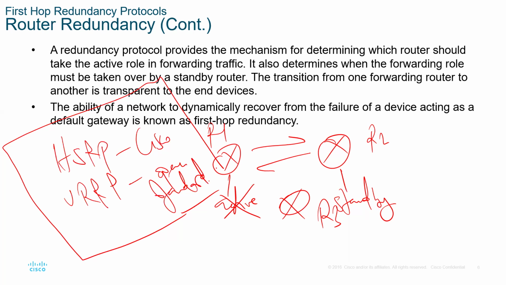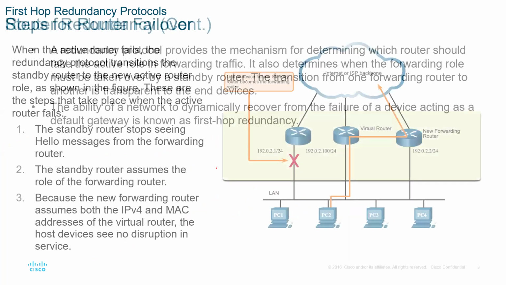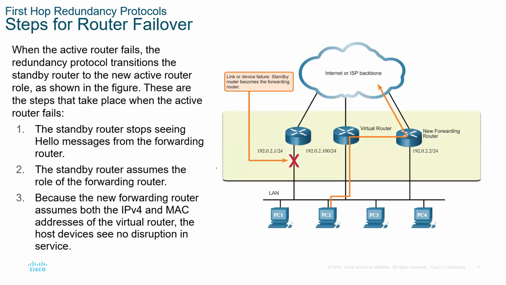I think PAgP EtherChannel, one of those two was Cisco proprietary as well. My discovery protocols, Cisco is proprietary. I think there are quite a number of protocols where Cisco has proprietary versions, in those given instances.